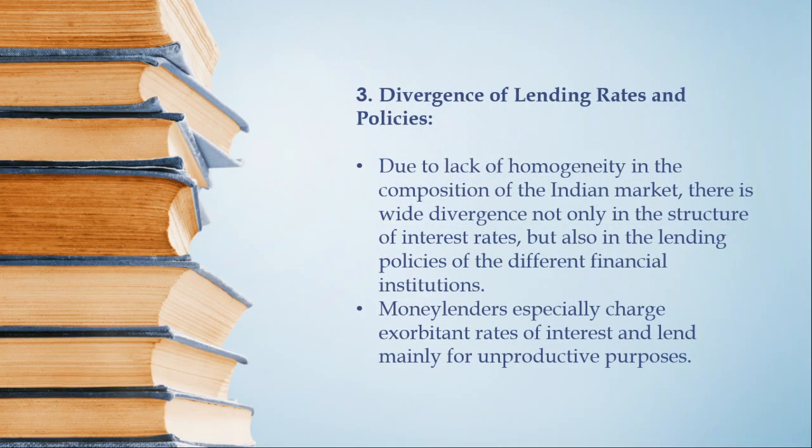Now the third point is the divergence of lending rates and policies. Here, due to lack of homogeneity in the composition of the Indian market, there is a wide divergence not only in the structure of interest rates but also in the lending policies of different financial institutions. Money lenders especially charge exorbitant rates of interest and lend mainly for unproductive purposes.